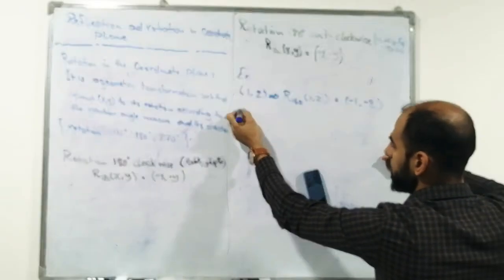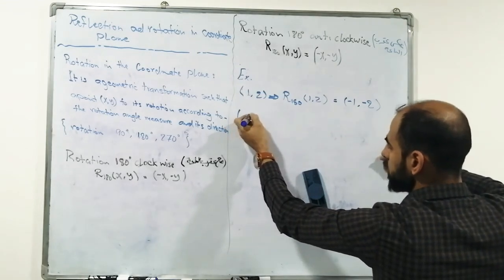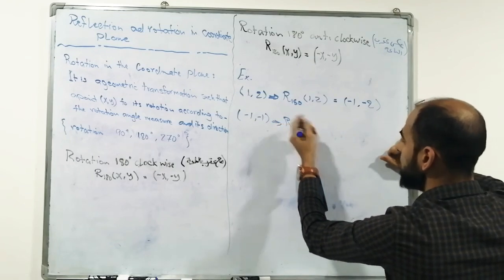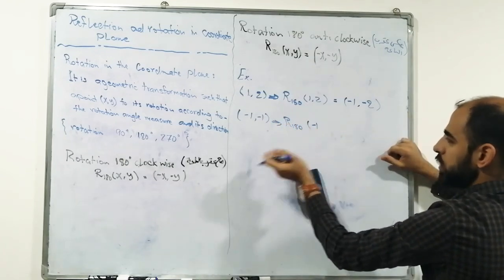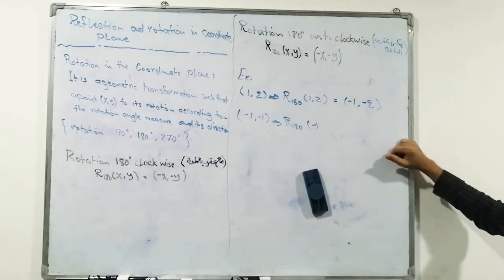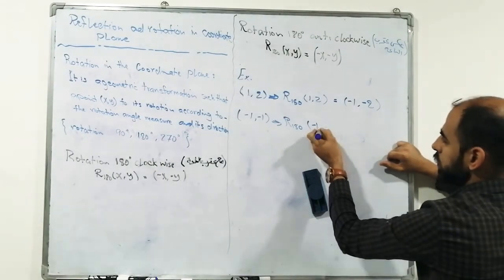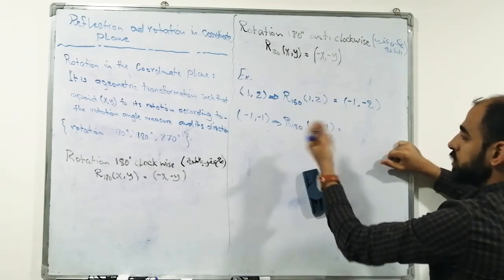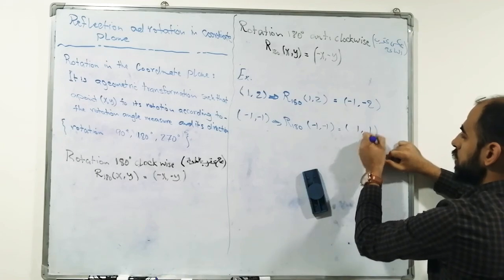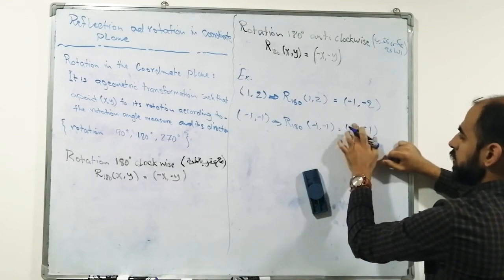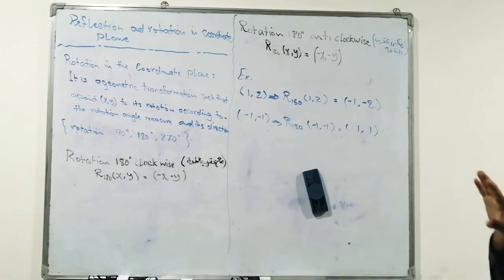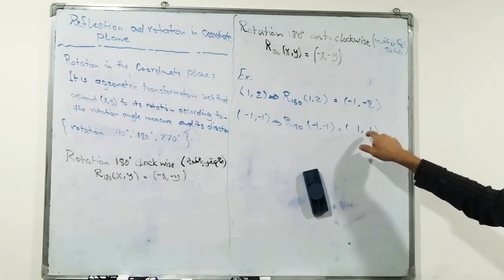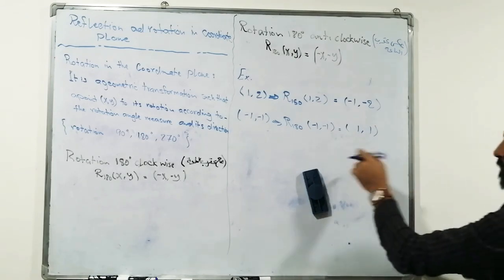For example, minus 1, minus 1: the rotation 180 of the point minus 1, minus 1, clockwise or anti-clockwise, is 1, 1.